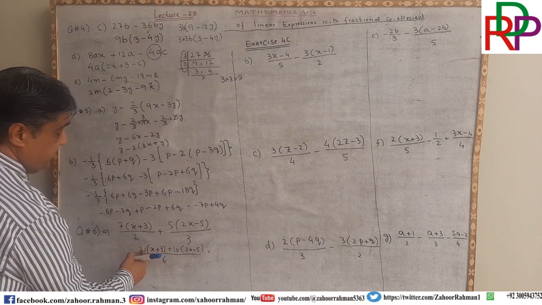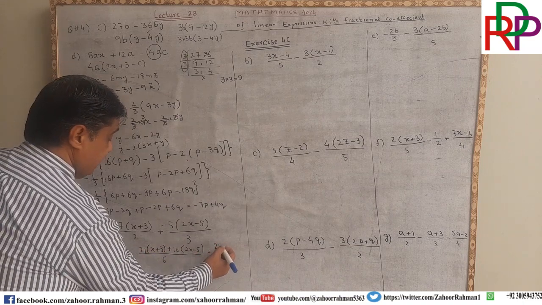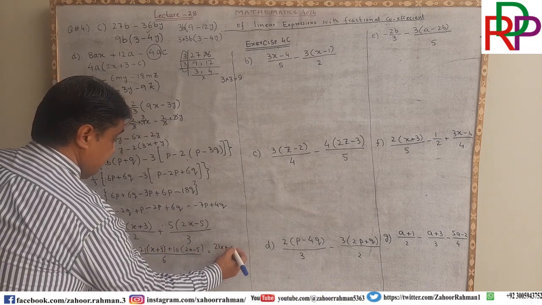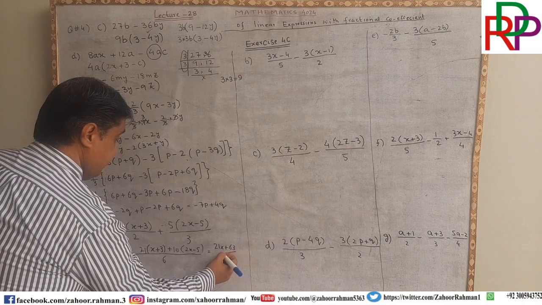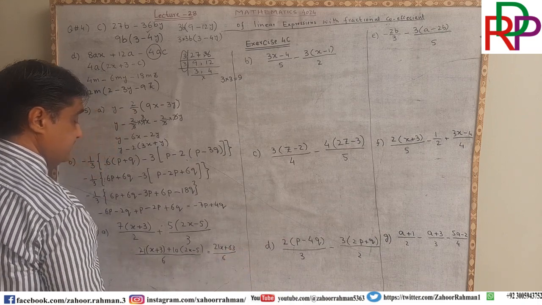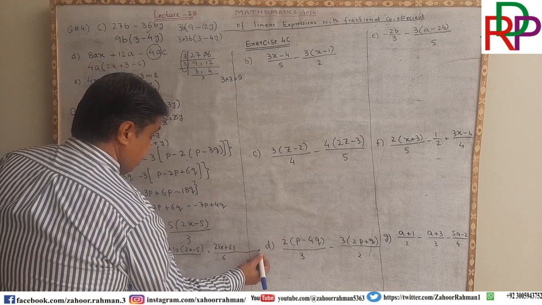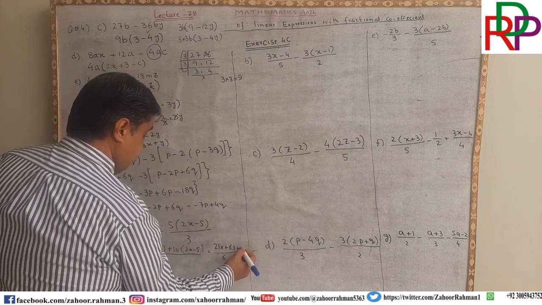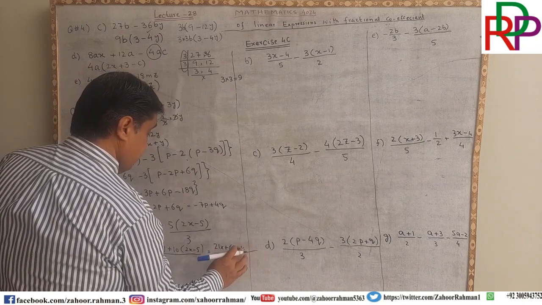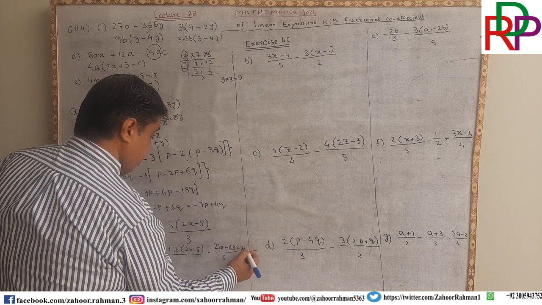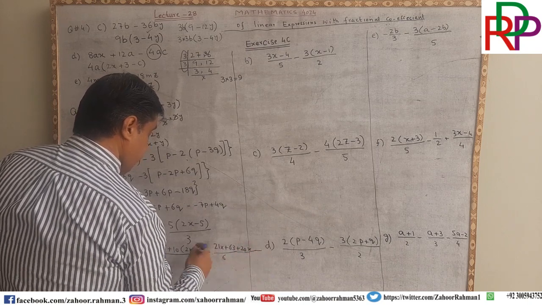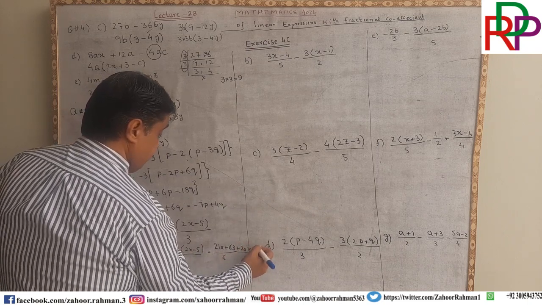Now we have to evaluate 21x plus 63 divided by 6, and then plus 10 times 2x, that is 20x, minus 50.